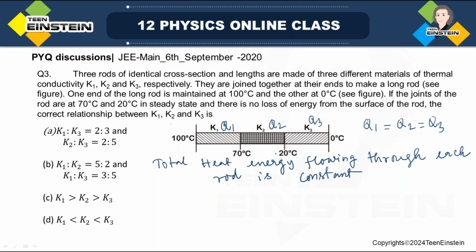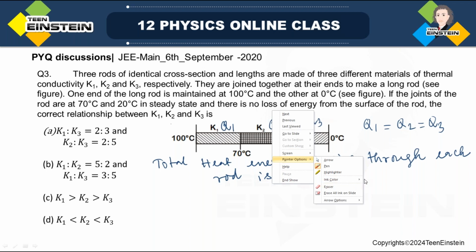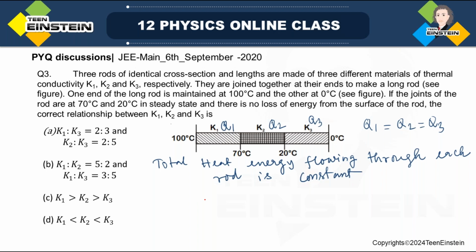Now look how to get Q1 and Q2 or Q3. That we are going to calculate now. So I can write Q1 is equal to Q2 for this, and separately I can write Q2 is equal to Q3.